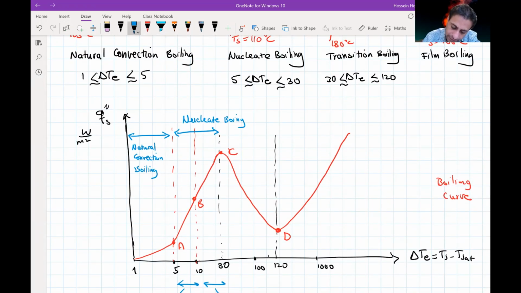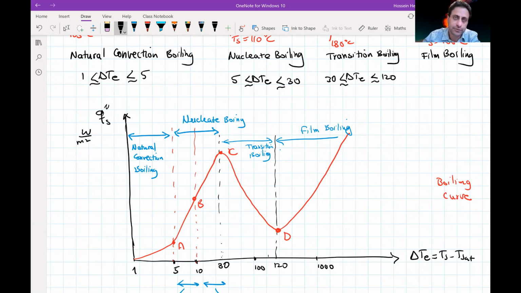Between 80 to 150, this is where we have transition boiling, and above 100, what we have is film boiling. So this is the boiling curve, and I'm plotting that for water.